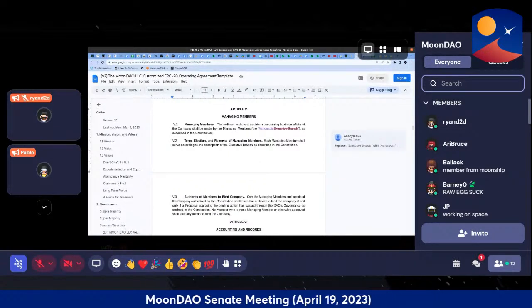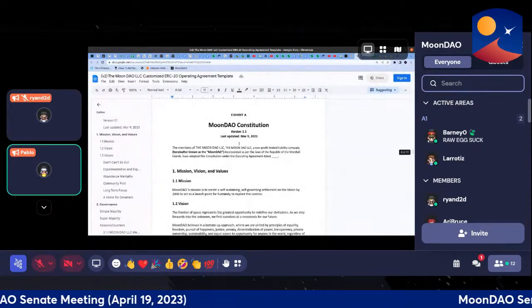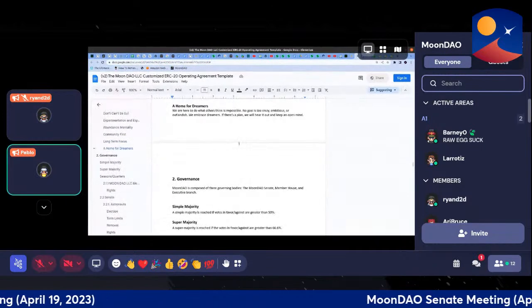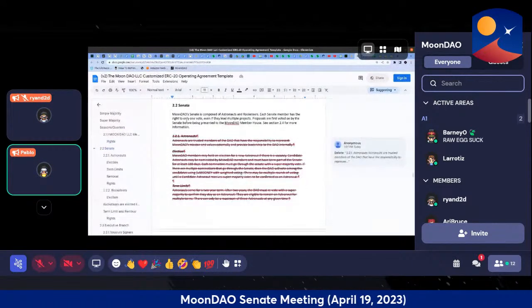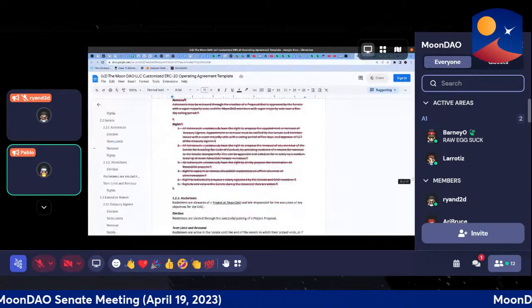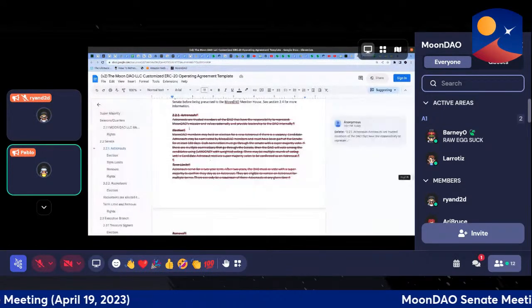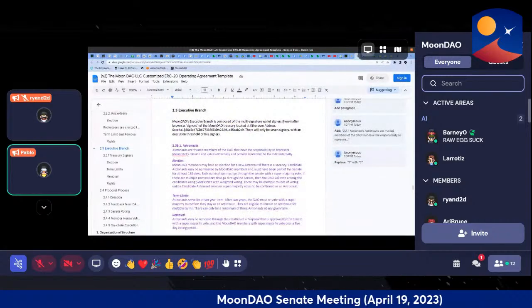Cool. Yeah, another thing too. This was actually brought up a few weeks ago, which was that right now we define astronauts inside of the Senate, but it might make more sense really to include the astronauts as part of the executive branch.